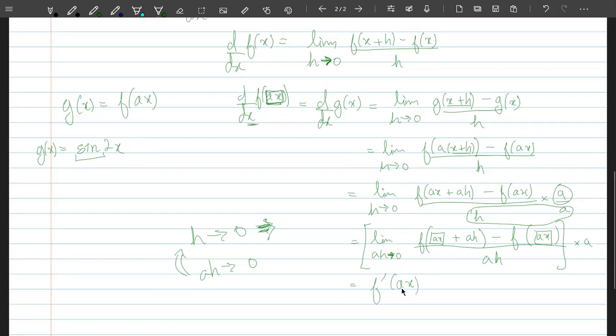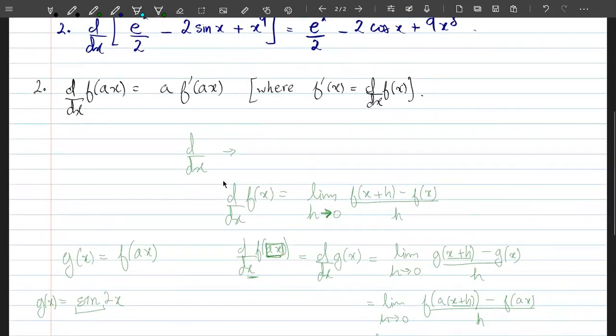If you think of ax as a new variable y, then this is f of y and this is f dash of y, derivative of f of y with respect to y. But there is an a outside, that still remains. So here what we get is a times f dash of ax, where f dash of x is the derivative of f of x. Okay, now let's look at an example of this.